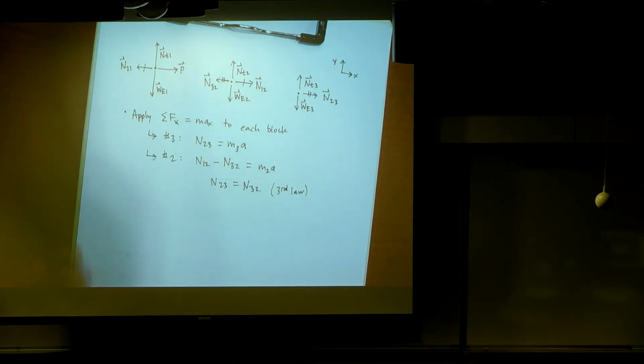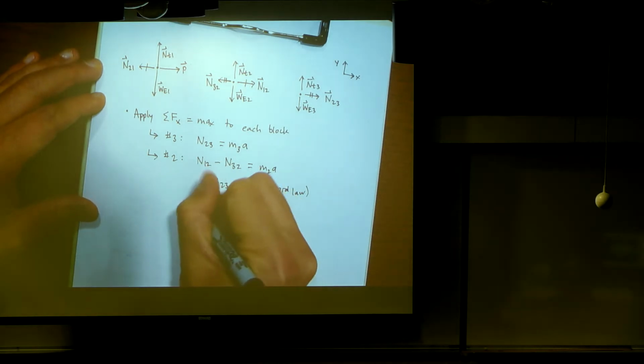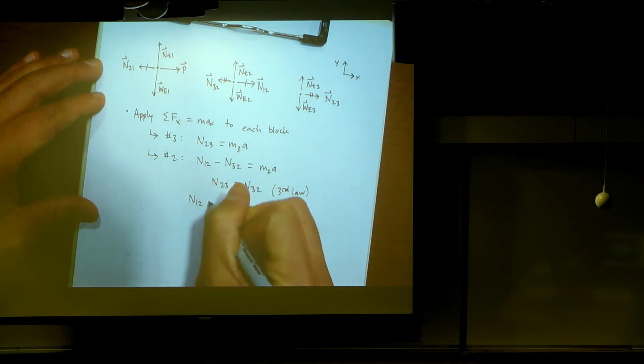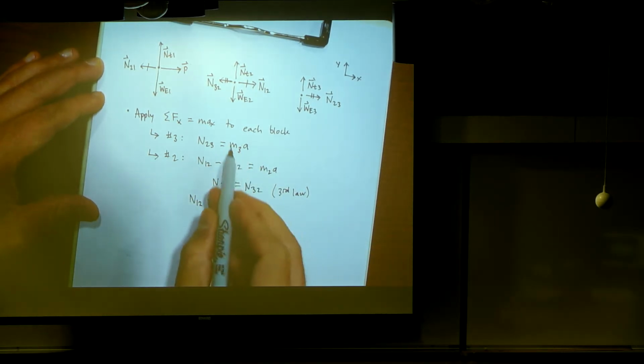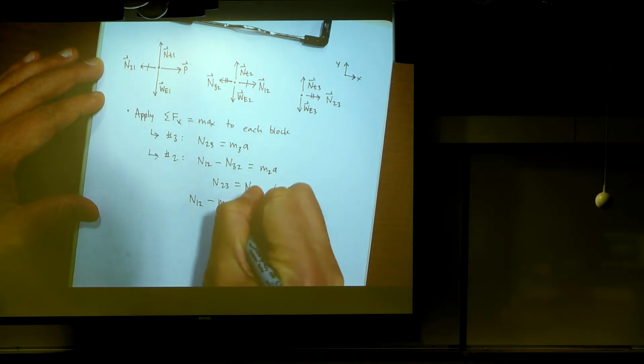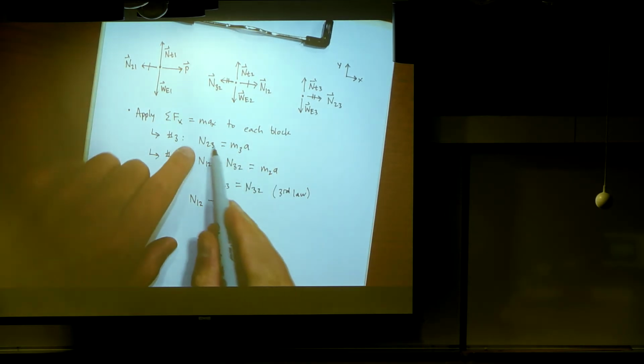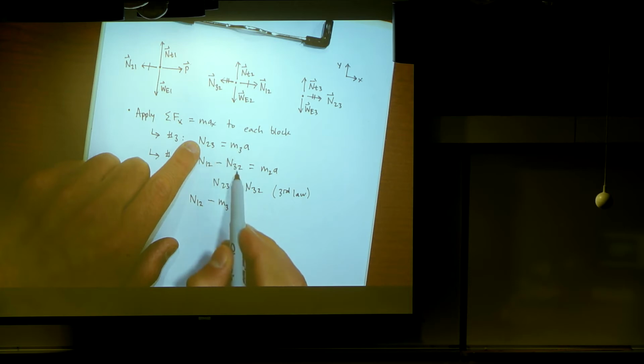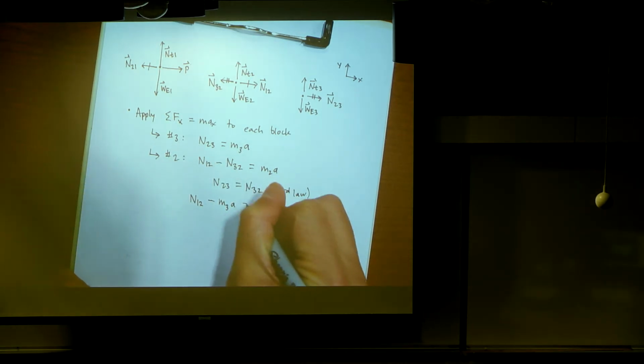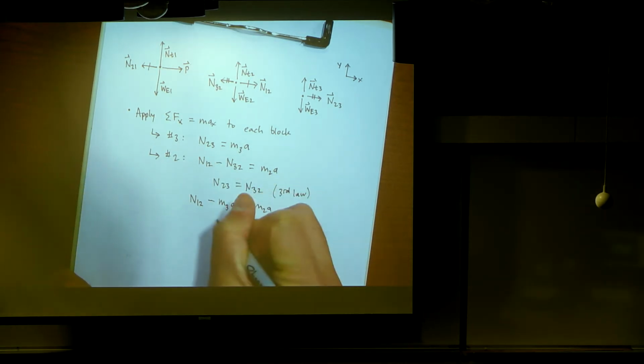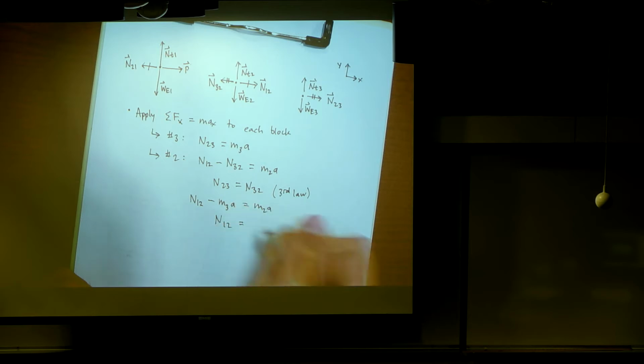So what that allows me to do is say N12 minus M3A. I can make this substitution right here because these are the same force here and here, equals M2A. So what does that mean? N12 equals M2A plus M3A. Okay, so I'm just going to put that to the side and maybe use that later.